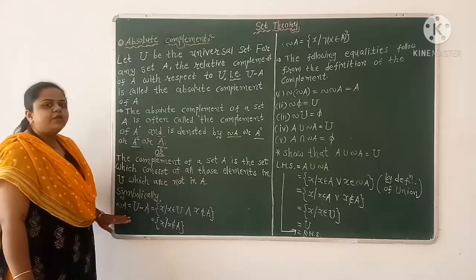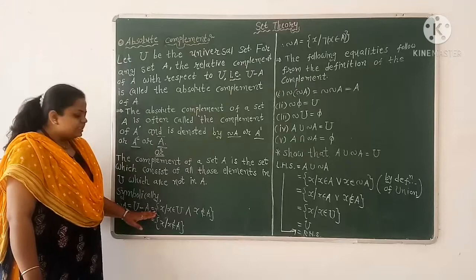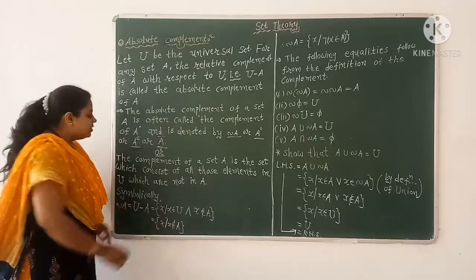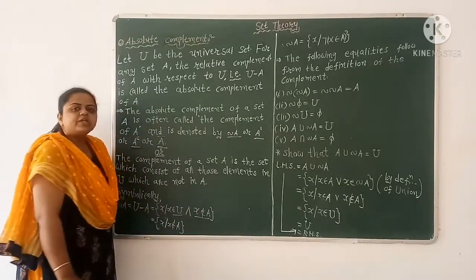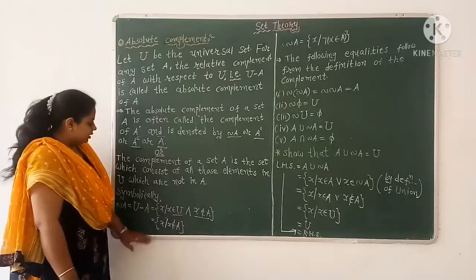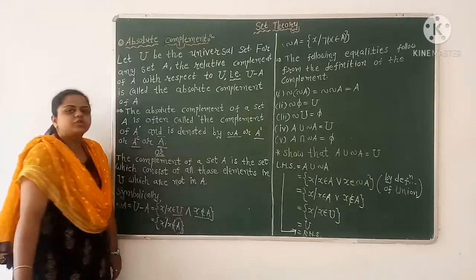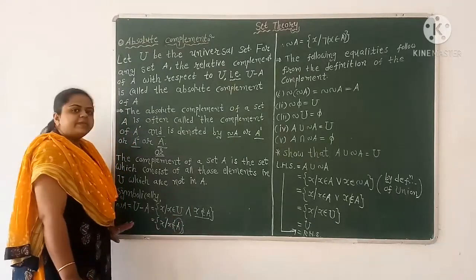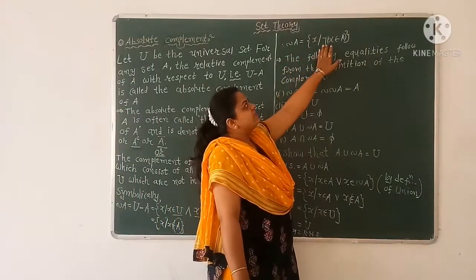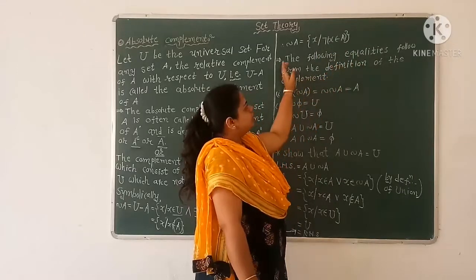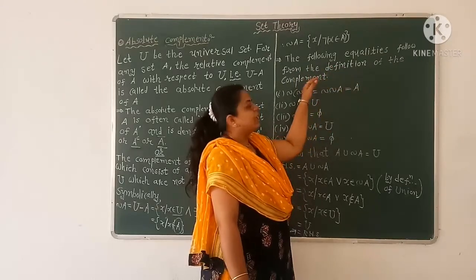Symbolically, complement of A is equal to U minus A, is equal to set of x where x belongs to U and x does not belong to A. By the definition of relative complement, it is equal to set of x where x does not belong to A. So, complement of A is equal to set of x where x is not in A. Now, the following equalities follow from the definition of the complement.